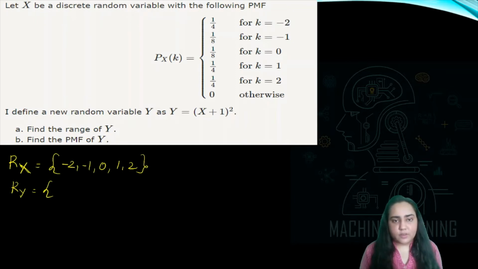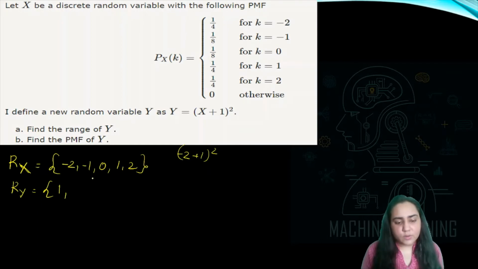Let's say if x is -2, then I get (-2 plus 1) whole square, and that's going to be (-1) squared, so that gives me a 1.